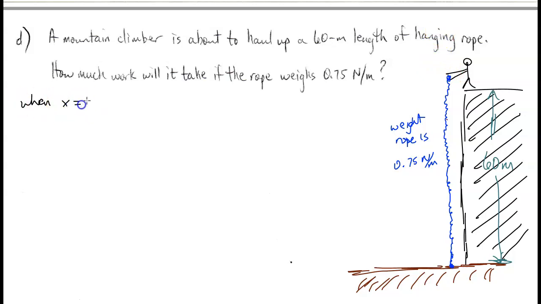So when x is 0, and we're going to define x as the amount of rope hauled, and that's going to be in meters here. And I don't know why I keep on putting feet when this is in meters.